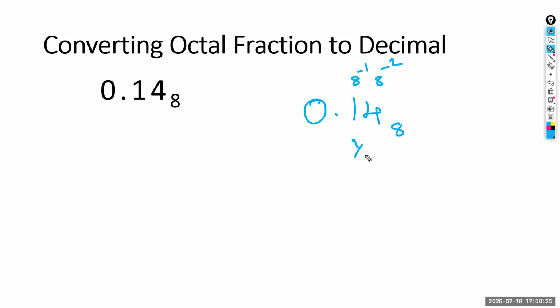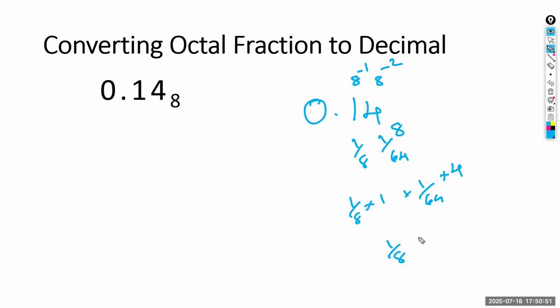That means 1 over 8, 1 over 8 to the power 2, or 1 over 64. So an easier way is to just multiply each digit by its place value as a fraction. That is 1 over 8 into 1 plus 1 over 64 into 4.